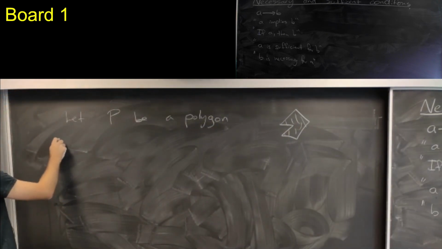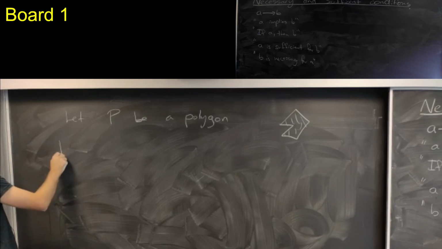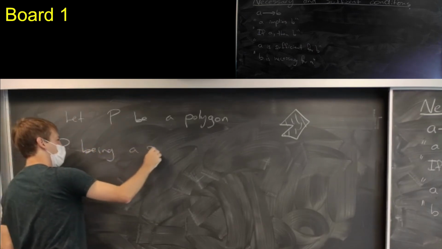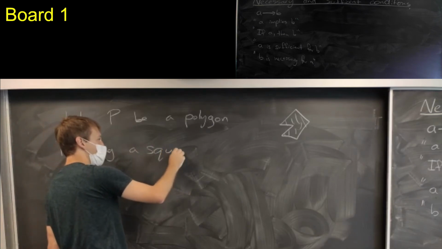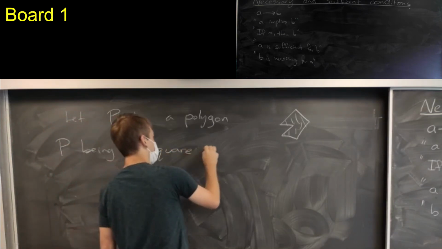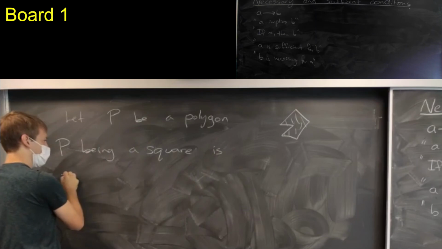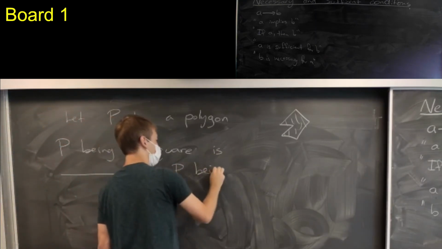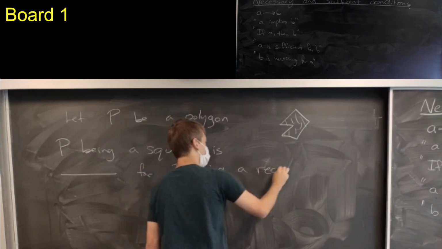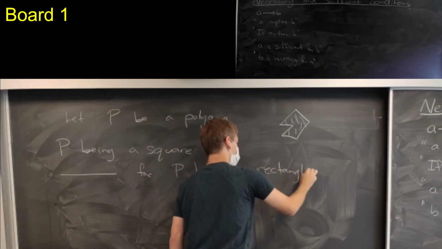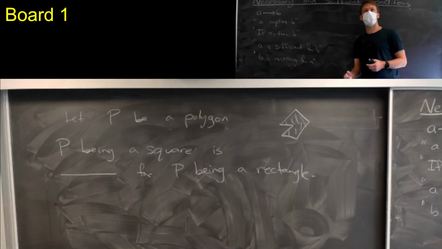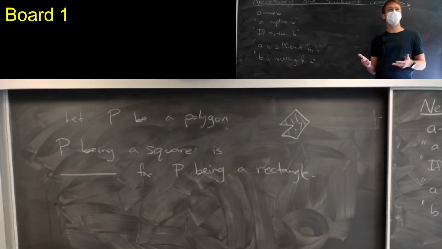So what I would say is that, P being a square, well, actually maybe I'll get you to fill in the blank: blank is for P being a rectangle. So necessary or sufficient? Sufficient?